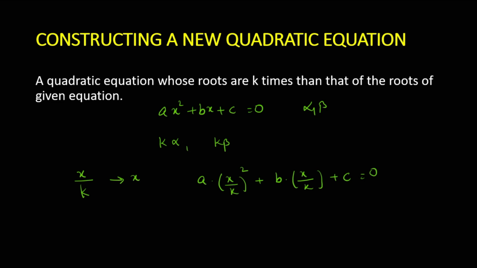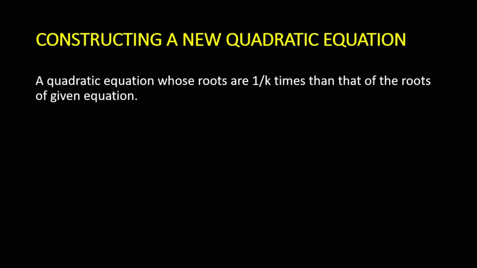If the roots are diminished by k times, that is 1 over k of the time, then the quadratic equation can be written by putting xk in place of x. So we have a into (xk) to the power 2 plus b into xk plus c equals 0.